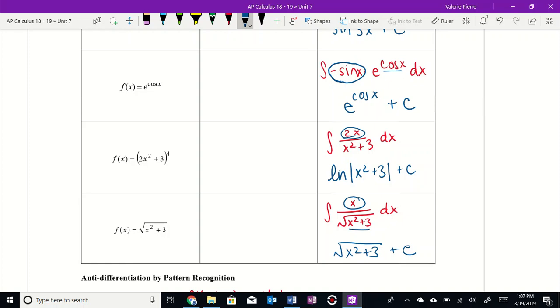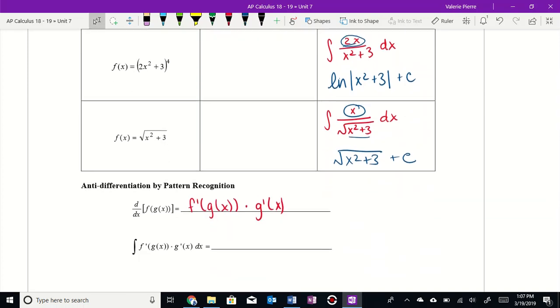Okay, so what does that help us with, right? If we are integrating a function and we notice that the function is in the order of chain rule, right? It has an outer function, an inner function, and is multiplied by the derivative of the inner function.